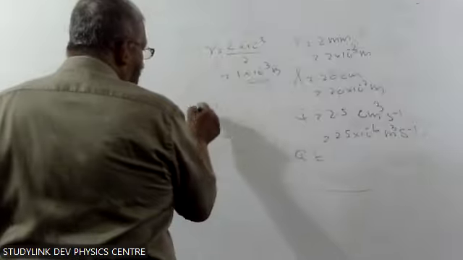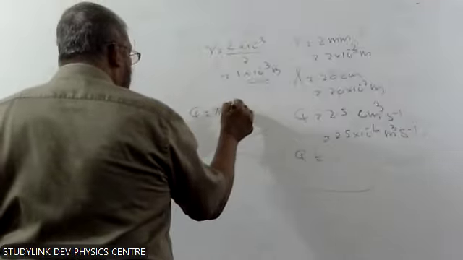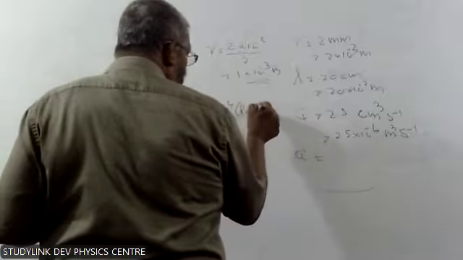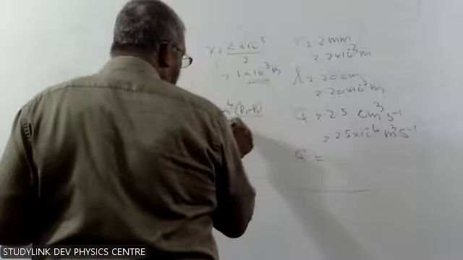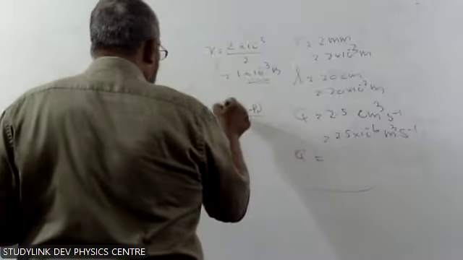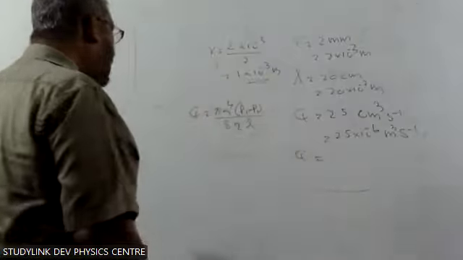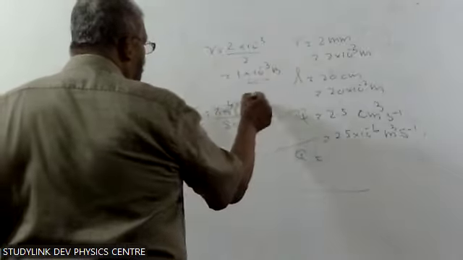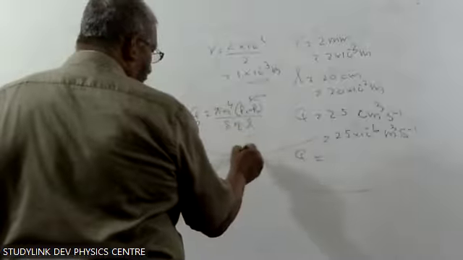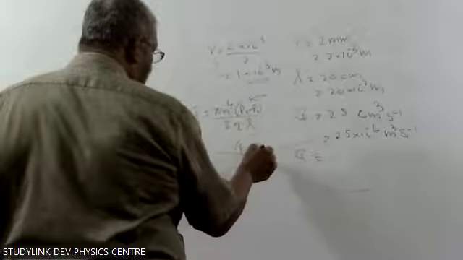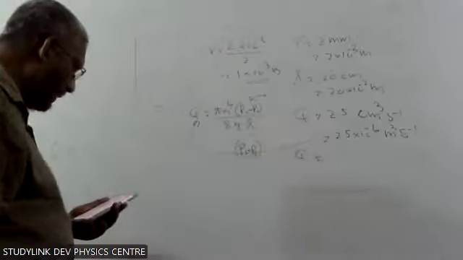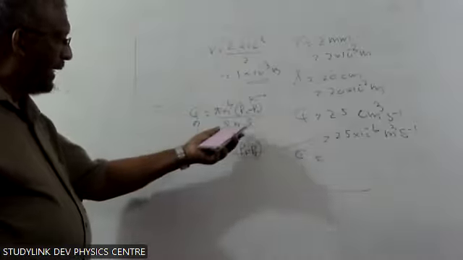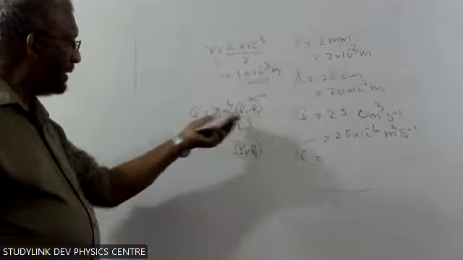According to that, use again Q equals pi a to the power 4 (P1 minus P2) divided by 8 eta L. So calculate the new value for delta P, or P1 minus P2, but the rate must be the same. You have to find that. Substitute and get it. a is known, eta and L are all the same, Q is the same.